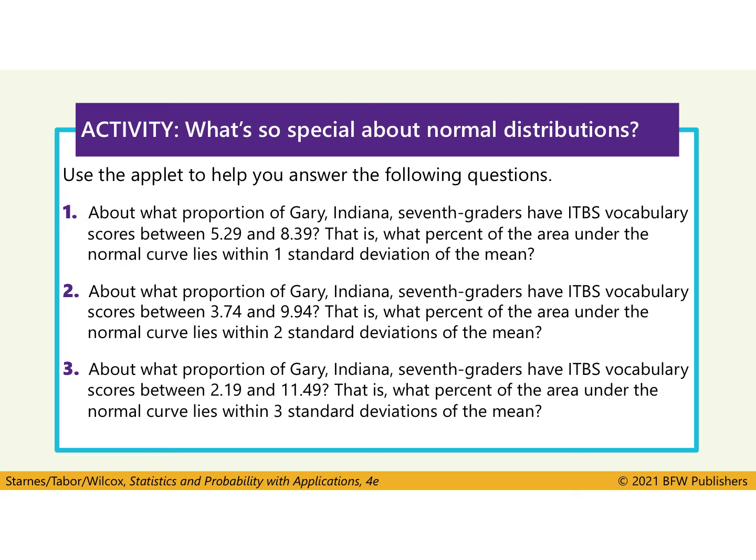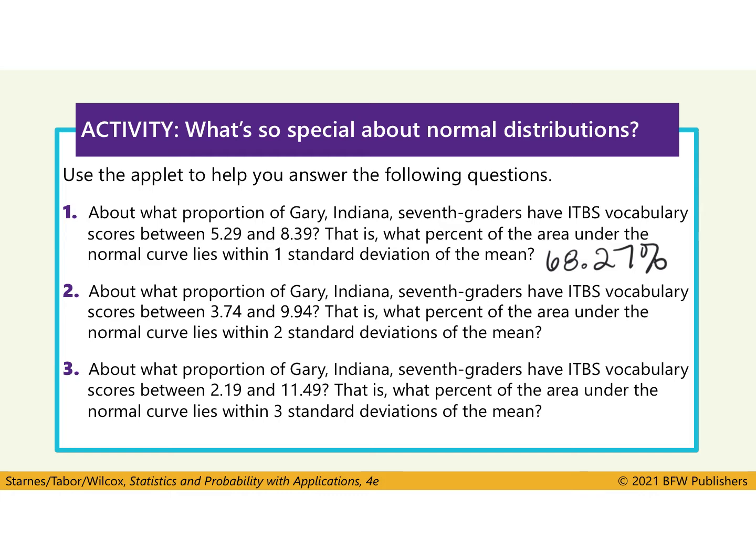So what did we get? 68.27%. So we expect approximately 68.27% of the 7th graders to be in that range, within 1 standard deviation of the mean.